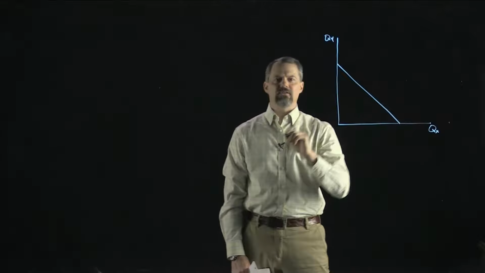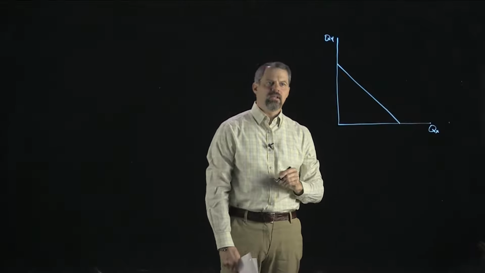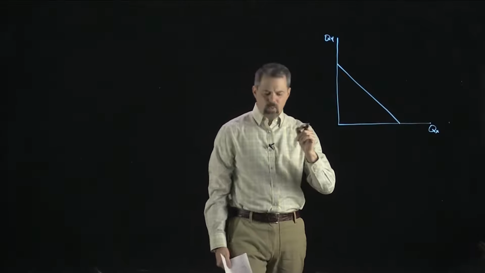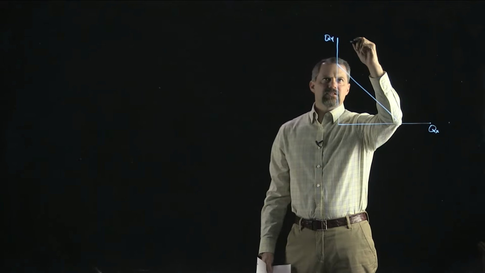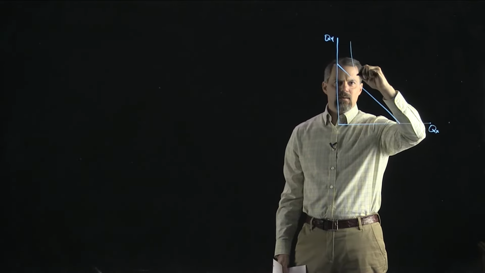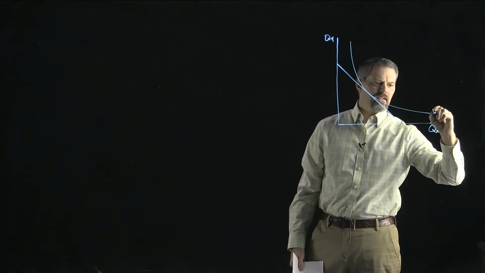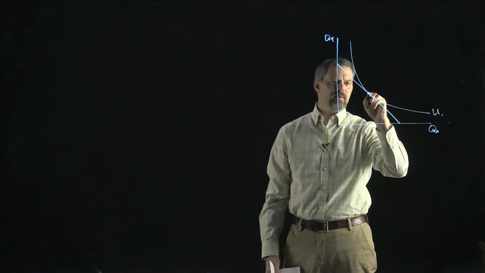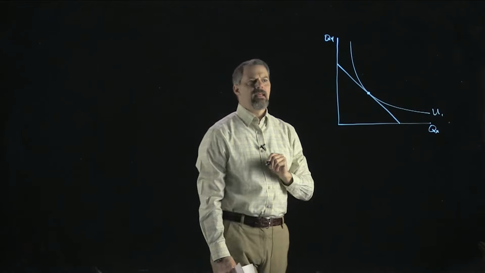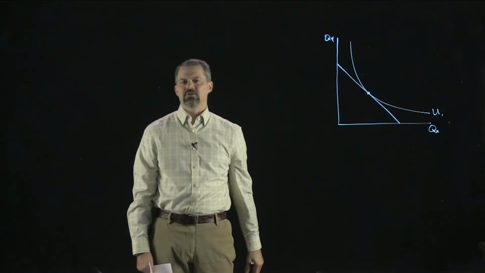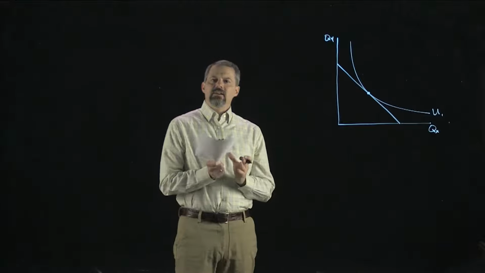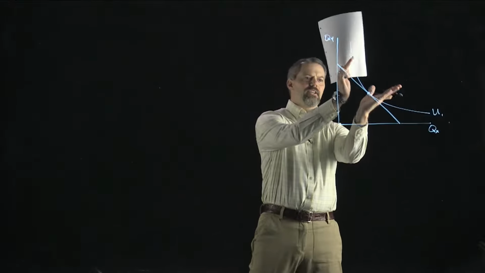And we know that the bundle that they're going to end up choosing ends up being the bundle where one of their indifference curves is just tangent to that budget constraint. And it's going to look something like that. Indifference curve U1, we end up at a point right there. And we call that an interior solution. It's an interior solution because it's on the interior of this picture.